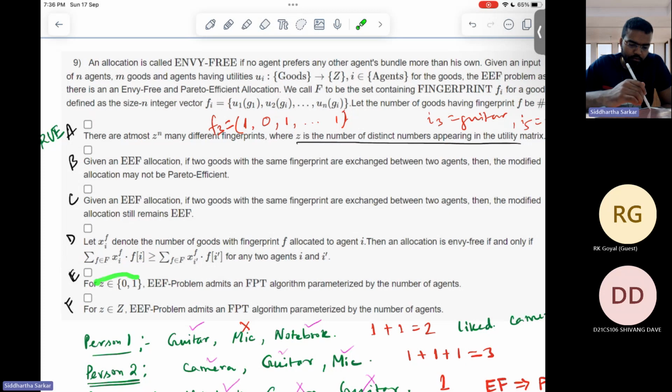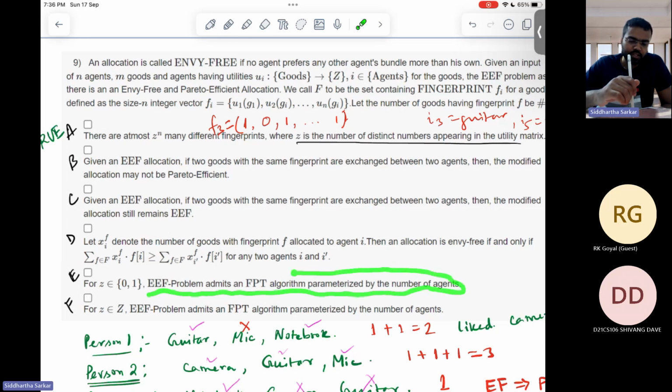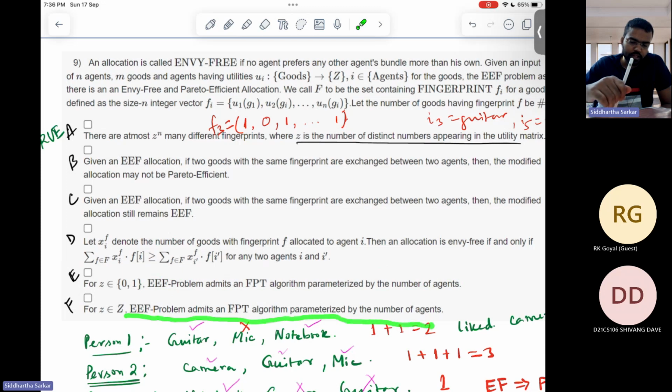So for the binary 0, 1 utility matrices, the NP-free Pareto optimal allocation problem admits an FPT algorithm parameterized by the number of agents. And the second one is saying that the EF problem admits an FPT algorithm parameterized by the number of agents in case of integer utility matrix.